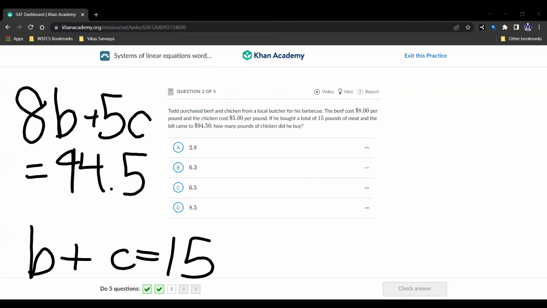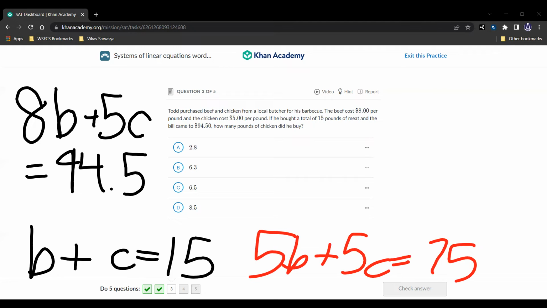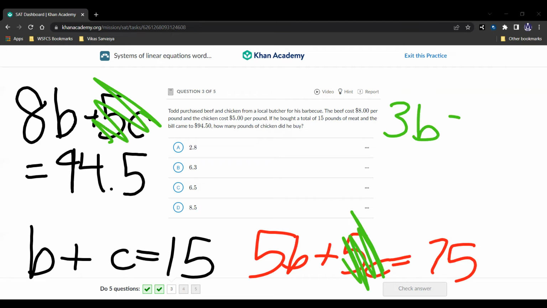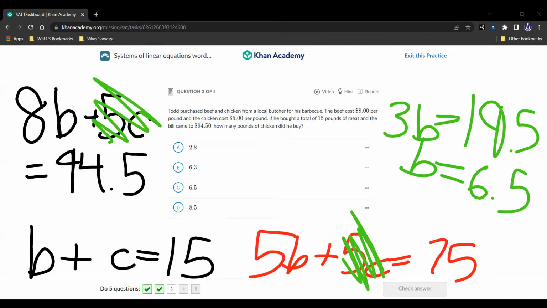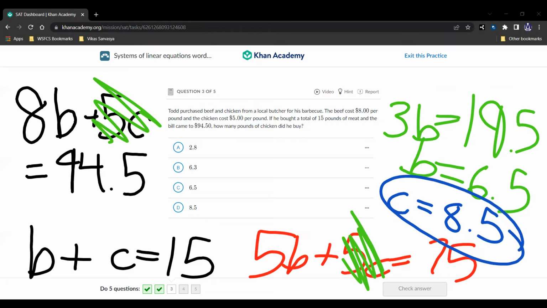And then we can multiply this by 5, and we get 5b plus 5c equals 75. We can subtract it out so that this cancels with this, and we have 3b equals 19.5. So there's 6.5 pounds of beef bought. So the amount of chicken bought was 15 minus that, which is 8.5. So our answer is 8.5.